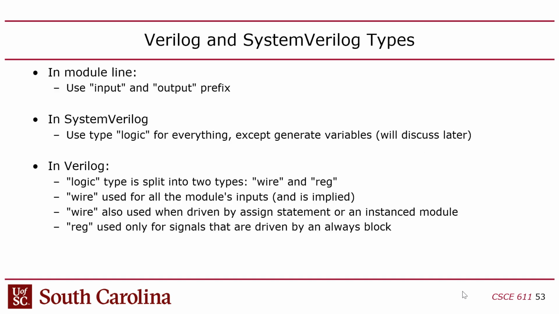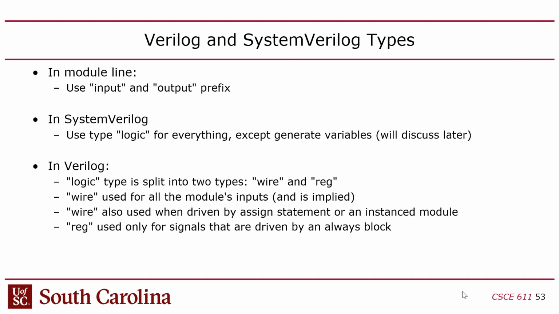Okay, one last thing, and I talked about this in lab: we used to teach Verilog in this class, and we switched to System Verilog when the 611 textbook went to System Verilog. I don't think they're still updating Verilog.